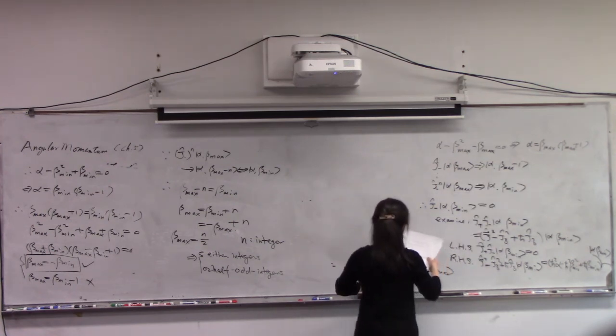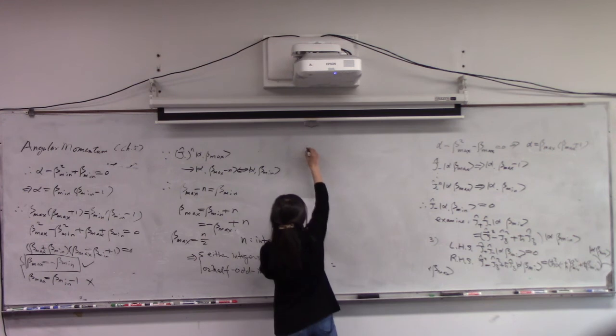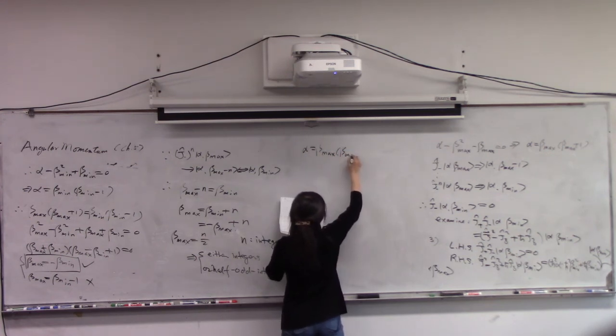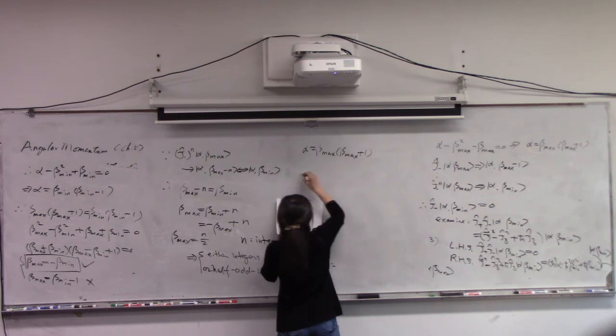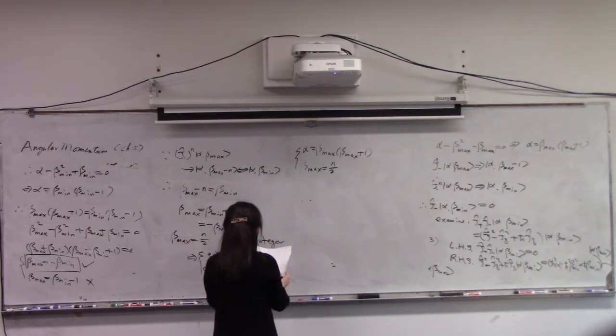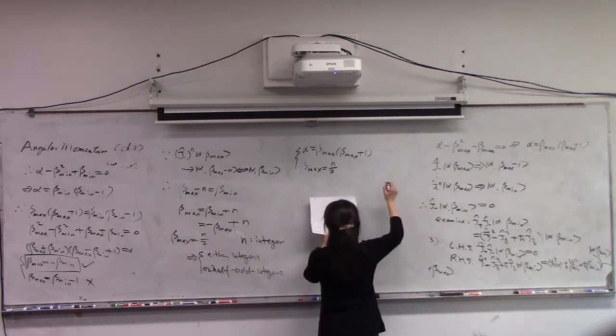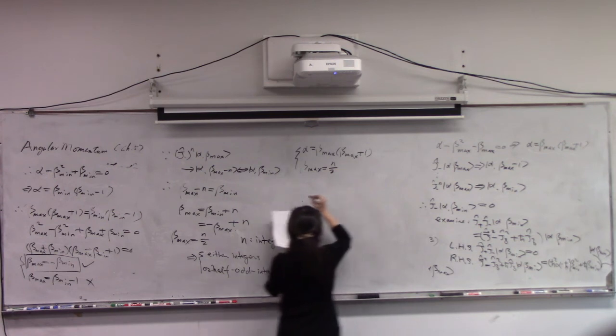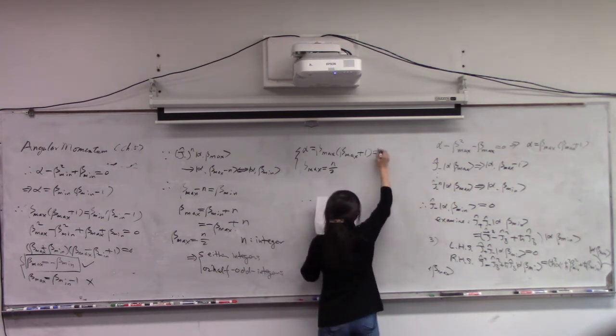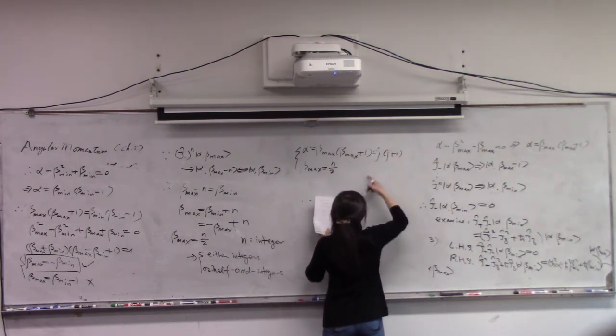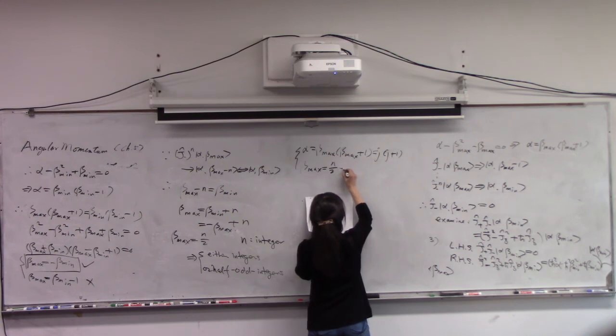So now we are going to use the new notation instead of alpha. Okay, now we summarize. Alpha equals beta maximum plus 1, and beta maximum equals half n. Combining these together, we are going to introduce the quantum number J here.